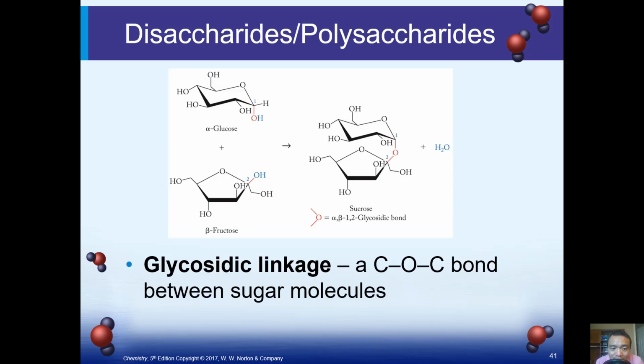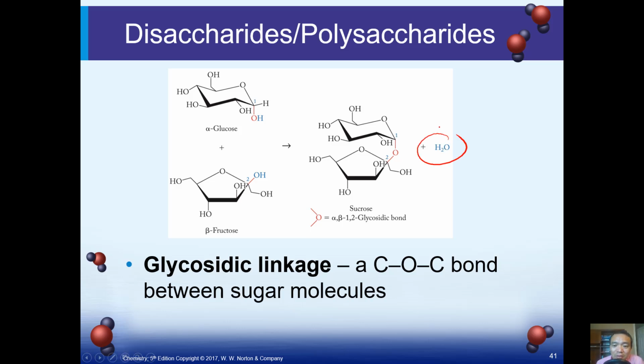In this slide, you see a disaccharide being formed. Disaccharides or polysaccharides are formed from monosaccharides like glucose and fructose when they combine via the so-called condensation reaction, in which you undergo a loss of a small molecule like water, as you can see over here.